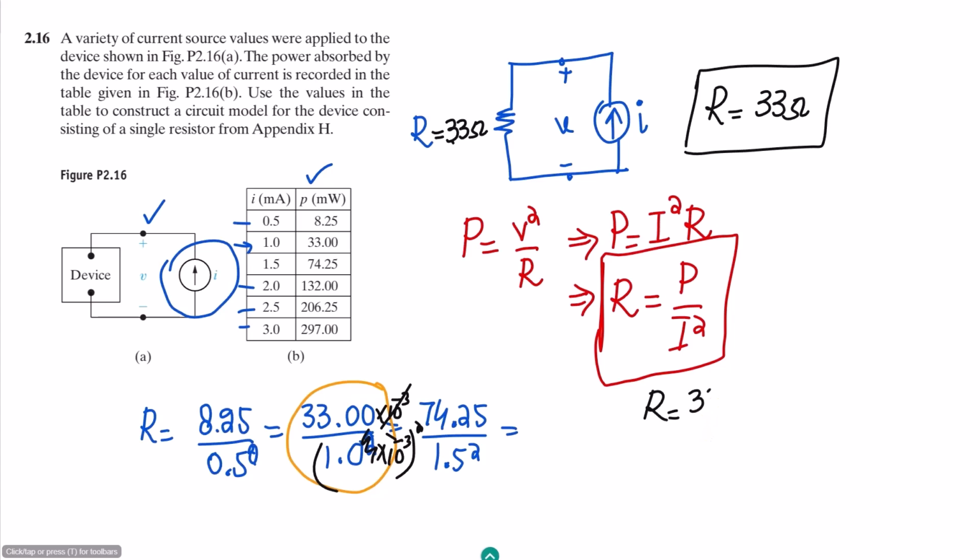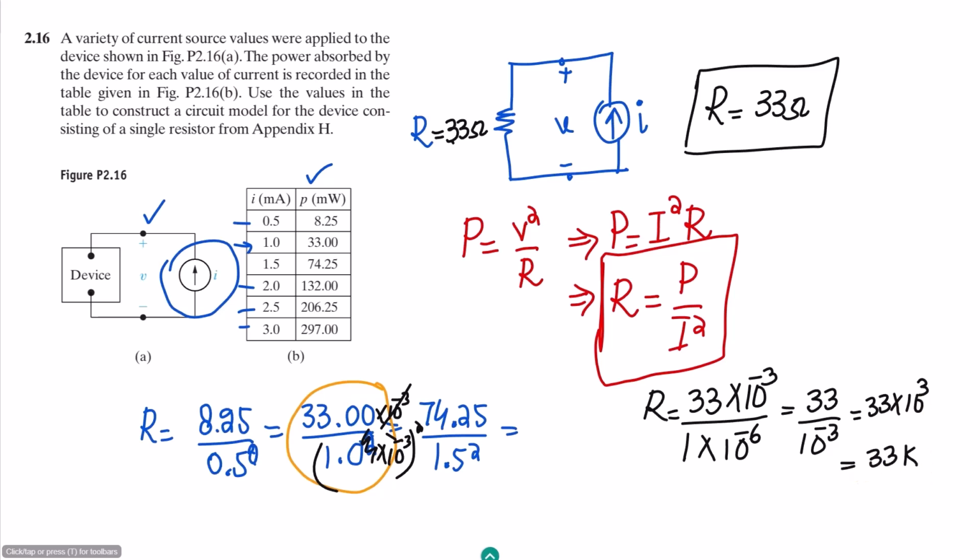It will be 33 times 10 to the power minus 3 divided by 1 times 10 to the power minus 6, because of this squared term. So it will be 33 divided by 10 to the power minus 3, which is 33 times 10 to the power 3, and ultimately we will get 33 kilo ohm.